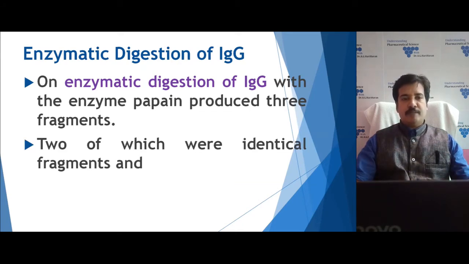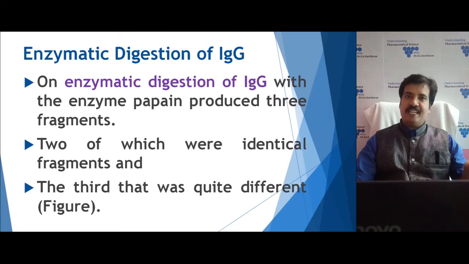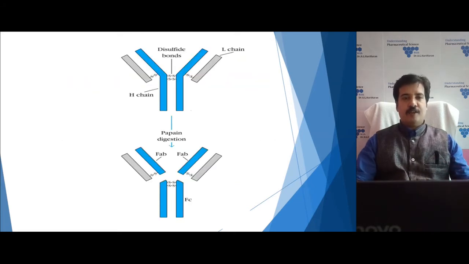Of these three fragments, two are identical in nature and one is different. As you can see from the figure, we have taken an immunoglobulin G antibody and digested it with papain. We got three fragments: two are identical, called fragment antigen binding, Fab, and one is different, called fragment crystallizable, Fc.